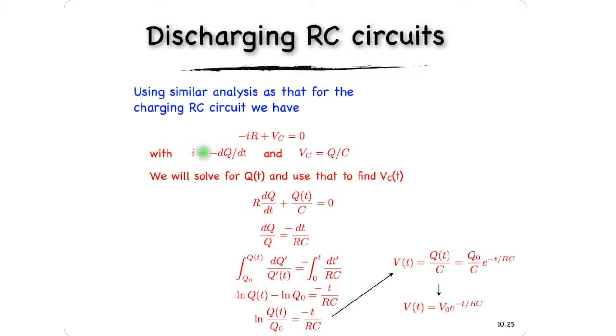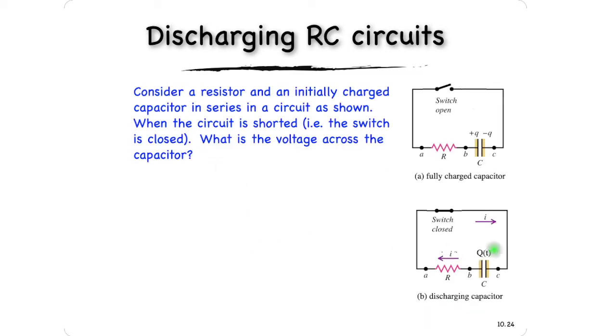The negative dq over dt up here: the current in this circuit I'm drawing is going from the positive terminal around to the negative terminal, which is the way it goes. And the magnitude of that current comes from the rate at which charge is flowing off of this capacitor. So the charge on the capacitor is getting smaller.